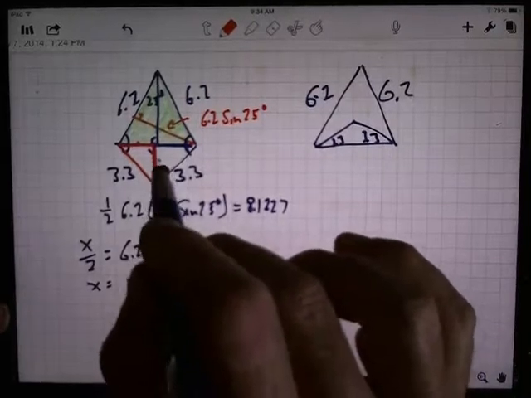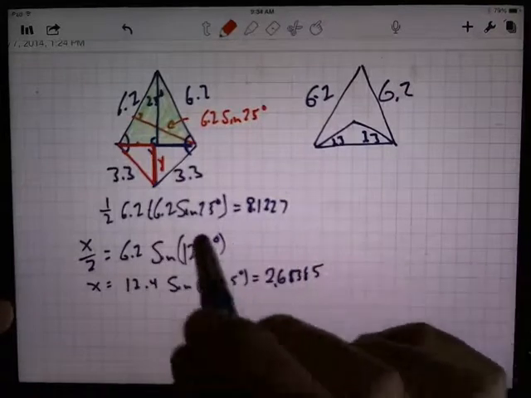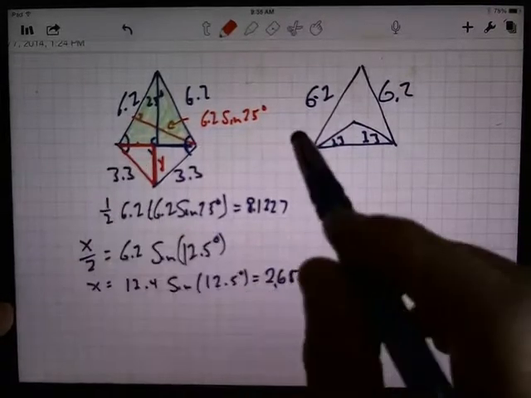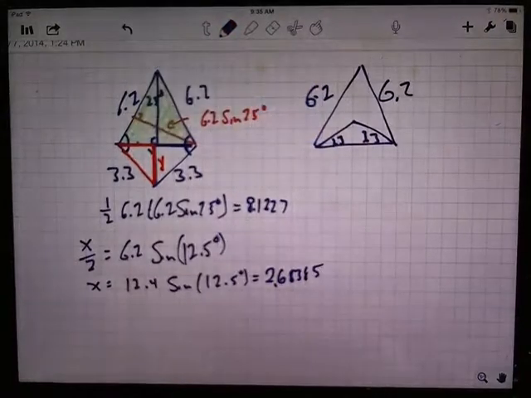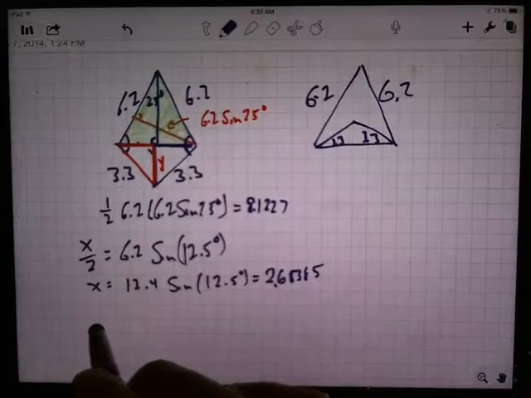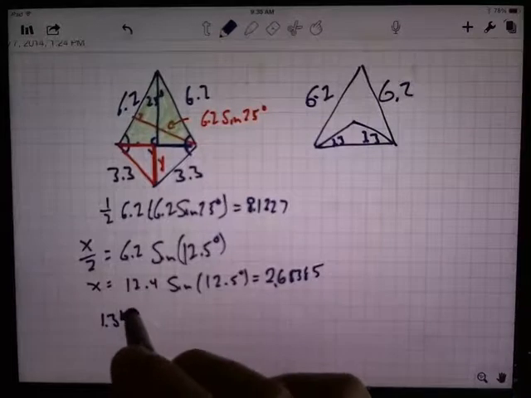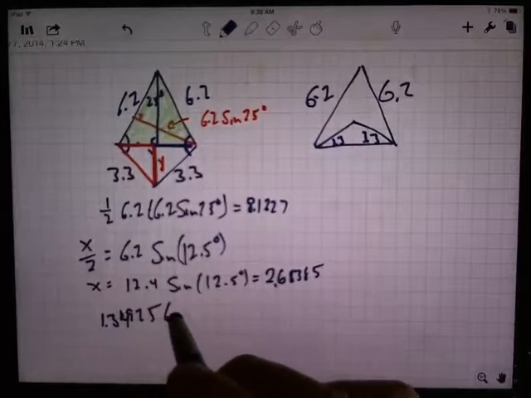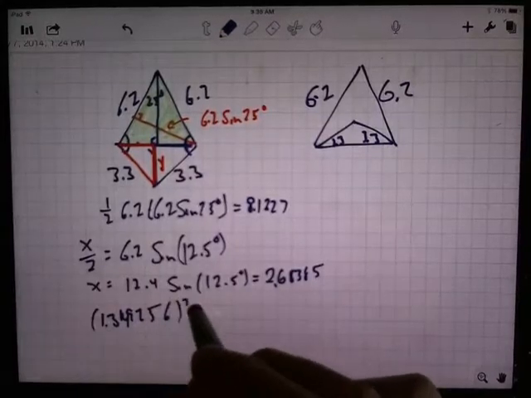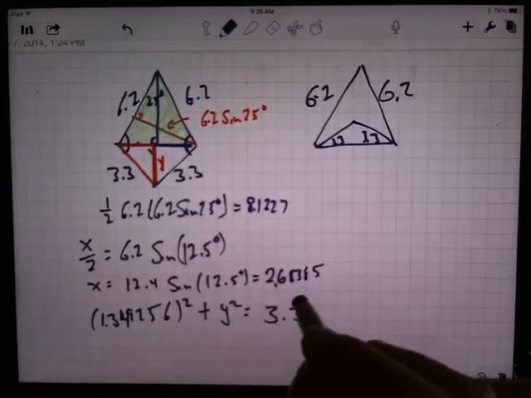I'm going to call this length here y. And so if I take x and cut it in half, that's just that piece right there. So x cut in half is 1.3419256, whatever, squared, plus y squared is equal to 3.3 squared.